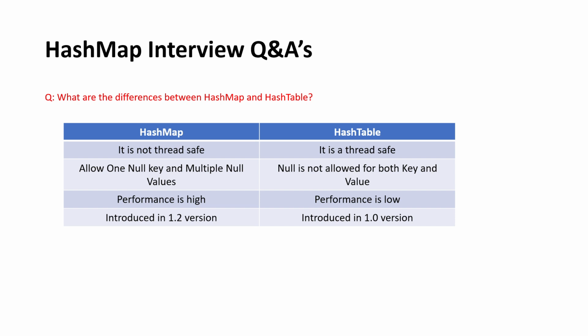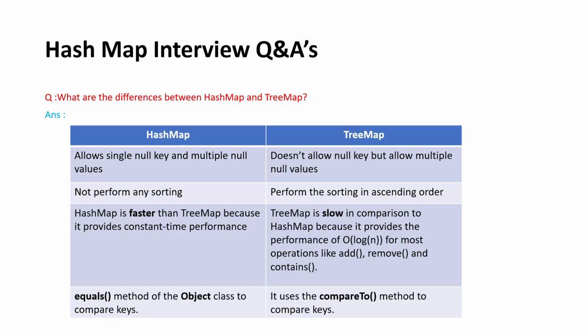Okay, moving further, what are the differences between HashMap and TreeMap? HashMap allows a single null key and multiple null values, but TreeMap does not allow a null key but allows multiple null values. HashMap does not perform any sorting, but TreeMap performs sorting in ascending order. HashMap is faster than TreeMap because it provides constant time performance.